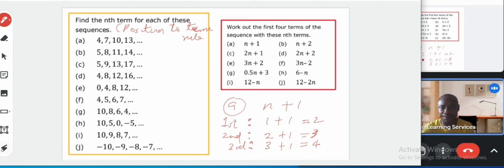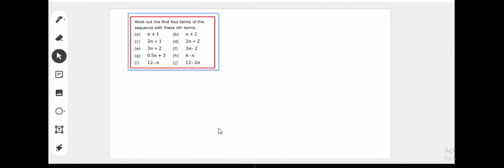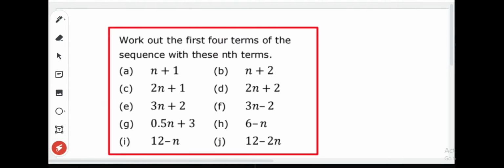This is the one I want you to practice. Okay? So for each of these questions, let me zoom in. Work out the first 4 terms of the sequence with these nth terms. We've done a number of them. Let's look at this one, for instance, F: 3n minus 2.